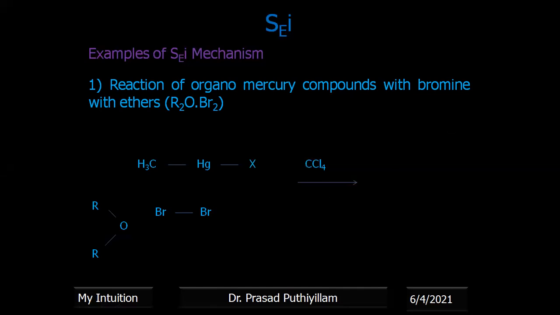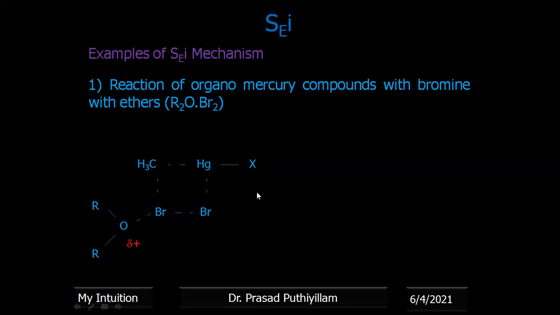Therefore, in the presence of carbon tetrachloride as the solvent, the reaction forms an intermediate in which the R2O supports. It takes the electron density of oxygen, which is given to the bromine, so that the second bromine gives the electron to mercury. Then the carbon-mercury bond breaks easily.